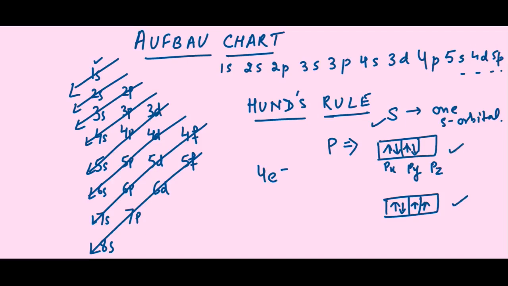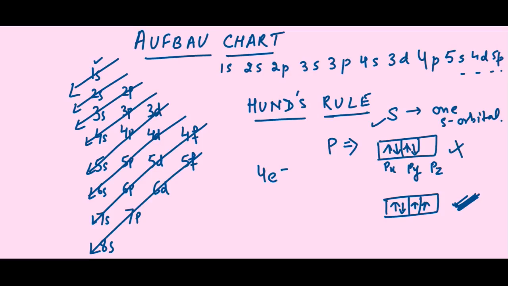In the first case you are directly doing the pairing, but in the second case you are filling the orbitals singly first, and then you have done the pairing. So the second option is as per Hund's rule. So this is the correct option, and the first method of doing the electronic configuration is the wrong option.